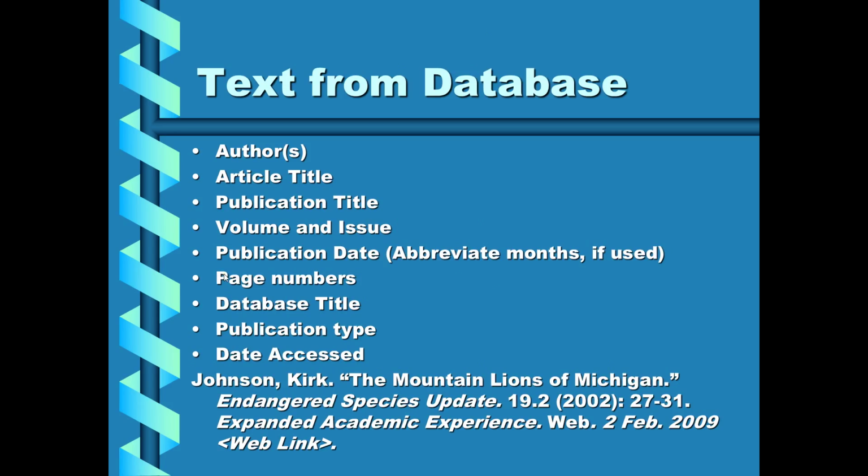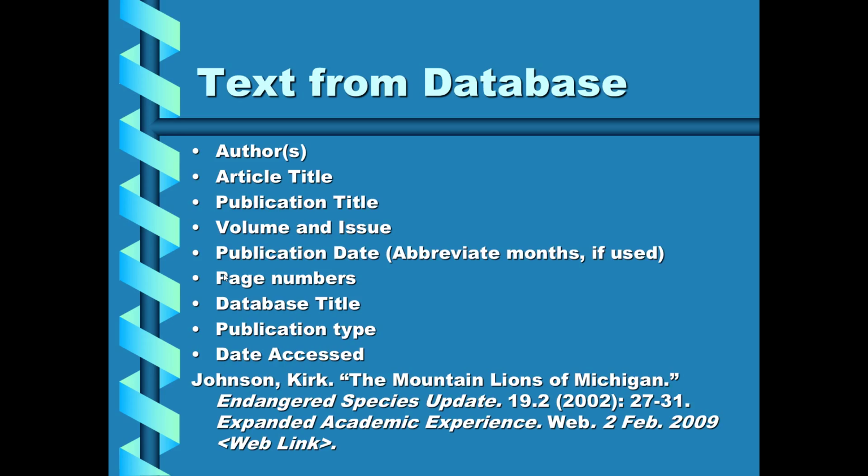Text from a database. This, again, I alluded to it earlier, is the format that you would use whenever you go to like Academic Search Complete, or what we refer to as an academic database of any kind, to get your information, to get your journal article.